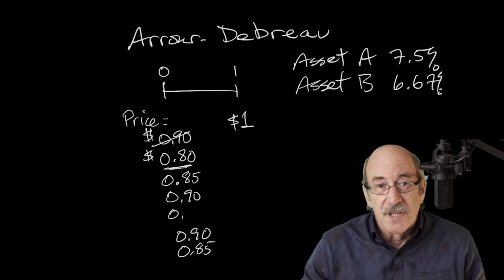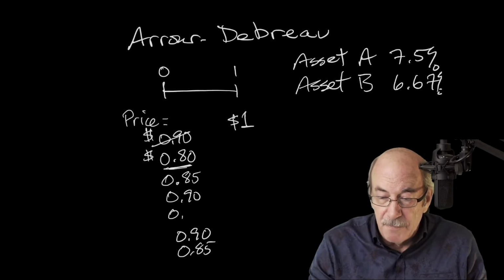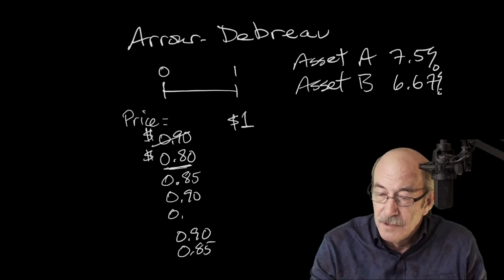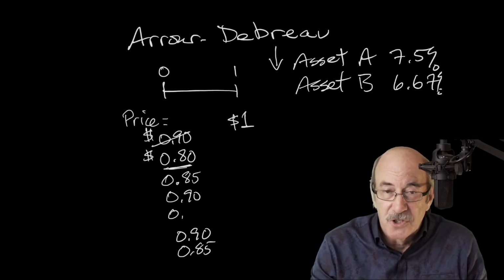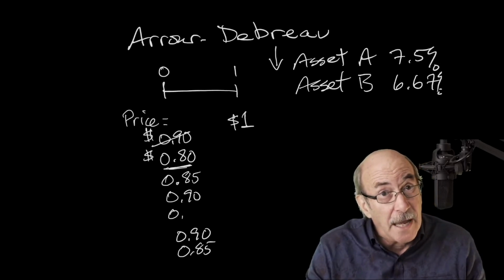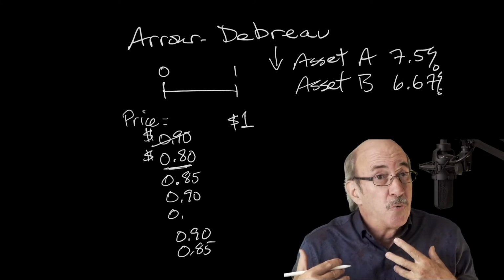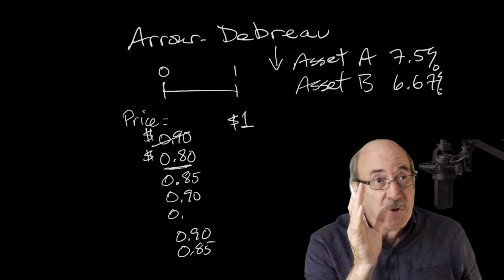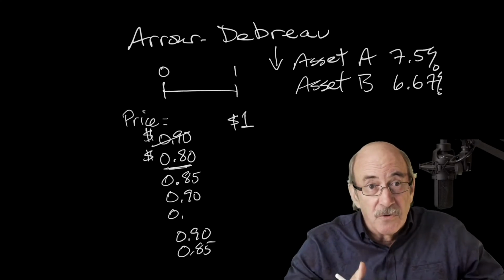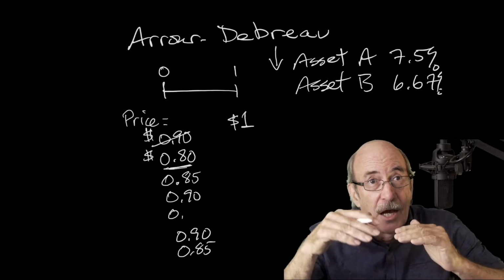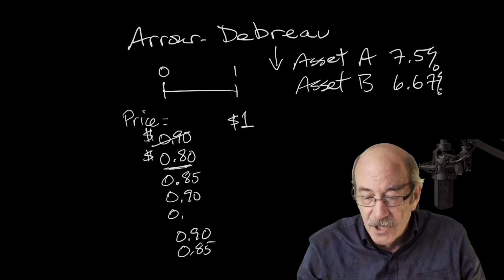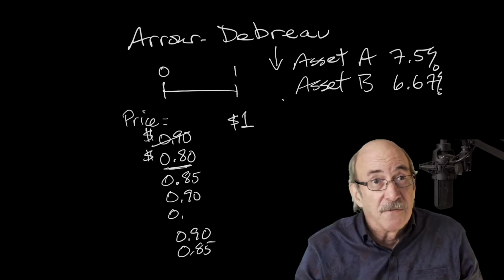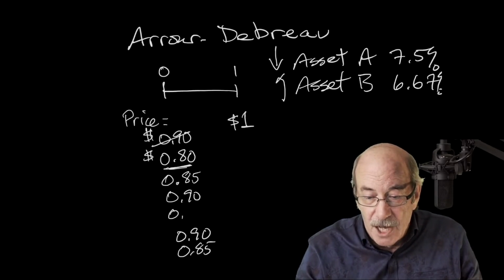But the point is that as I drive up the price of A, that puts downward pressure on the percent return I get, right? Because in the Arrow-Debreu world, my dollar that I get at the end of the world is always 1. So as I drive up the price, I lower the return. As I drive down the price of B because of all the selling, I drive up the return.